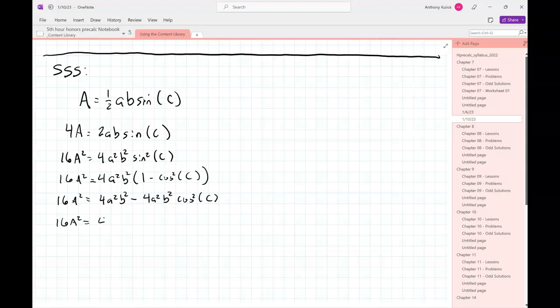And if I look at that last term, I can think about that as 2ab cosine C quantity squared.